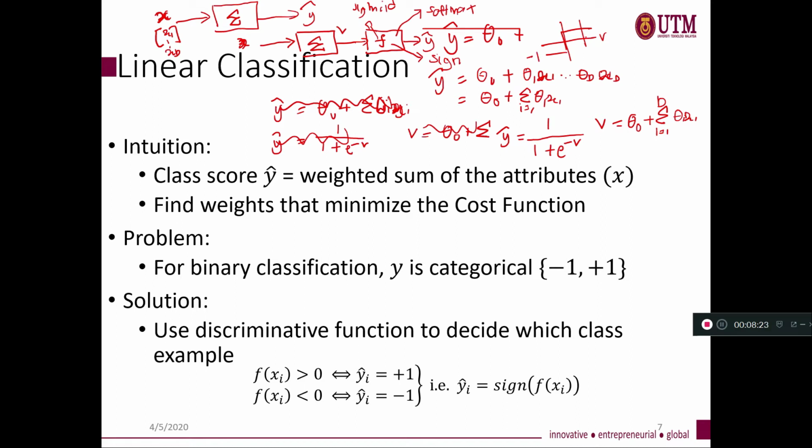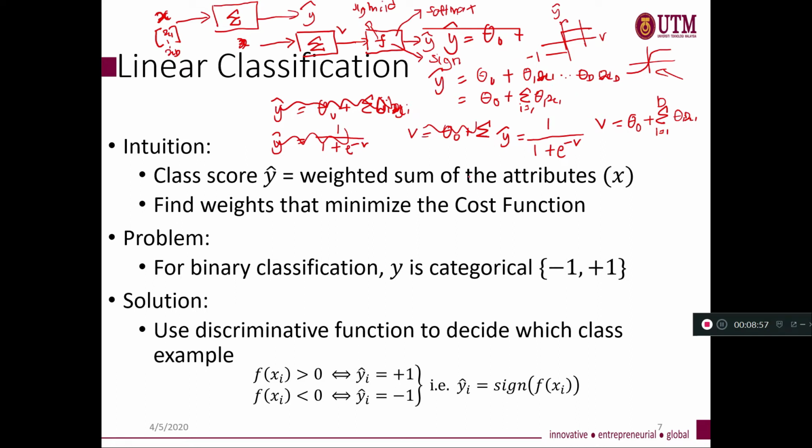If v is positive, then y becomes a positive value. But because the transition is very hard here, we want a smooth transition. That's why the sigmoid function was introduced, where the transition has a little bit of curve. So this is sigmoid. That is the difference between the sign function and the sigmoid function. So you can see that if you talk about linear classification, yes, we can.